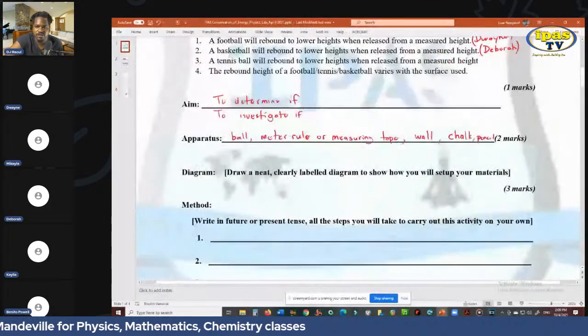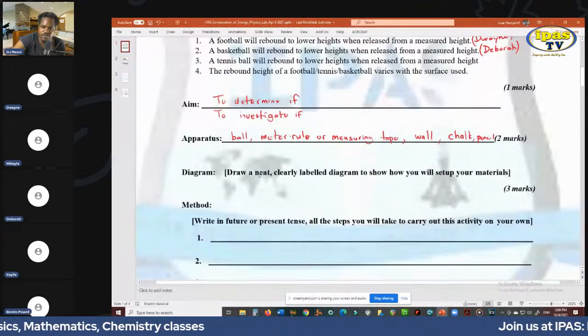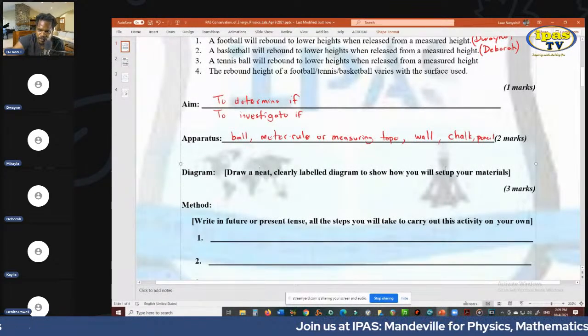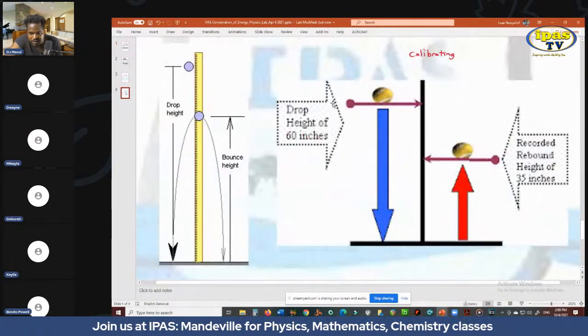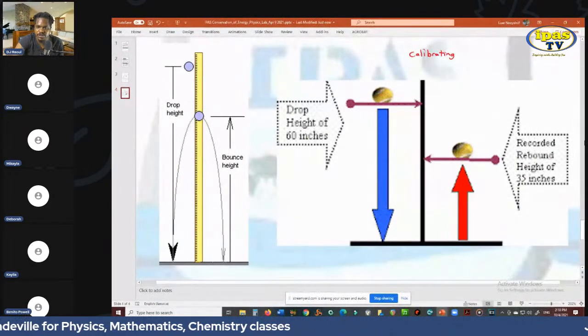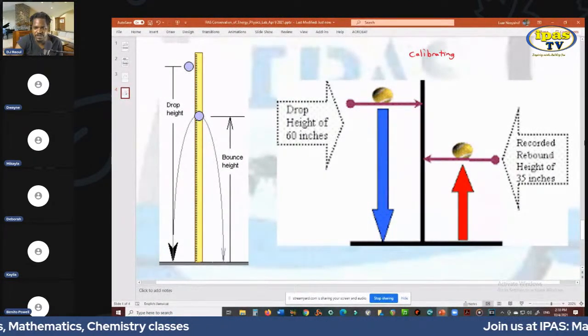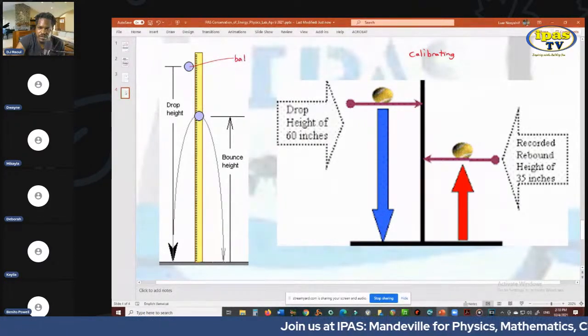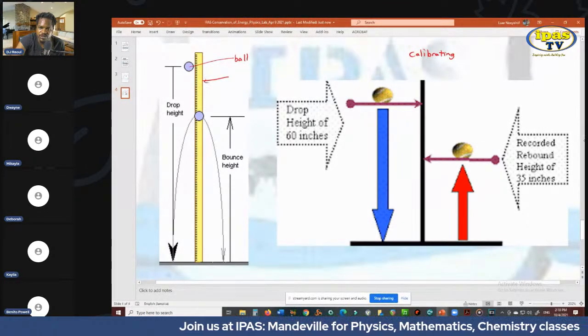All right, so let's continue. When they say draw a neat, clearly labeled diagram to show how you will set up your apparatus, what I showed you here can be used. Just label it. It said neat, and this is actually neat. You're just going to label this ball, and then this would be the meter rule.